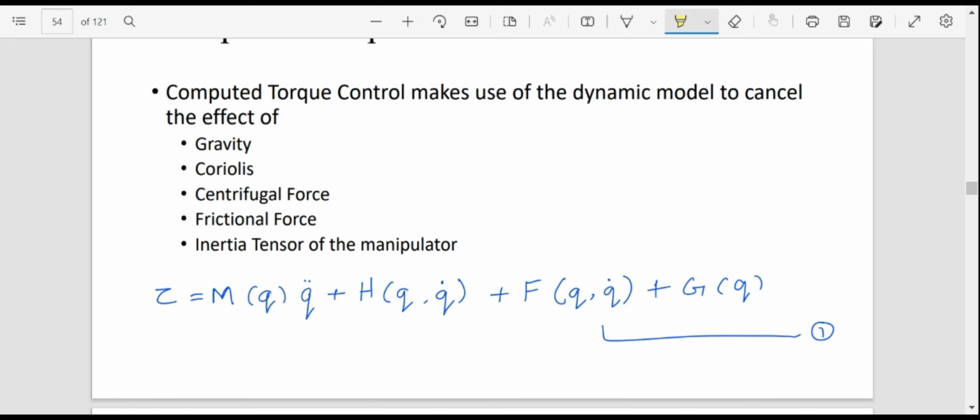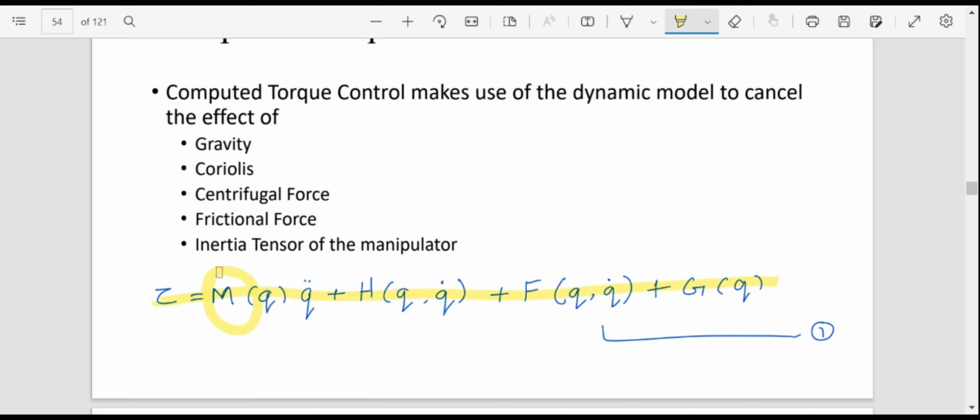The nonlinear dynamic model of the n degree of freedom manipulator, based on the rigid body dynamics, gives the n cross 1 vector of joint torques. This is that n cross 1 vector of joint torques. We have one n cross n inertia matrix.